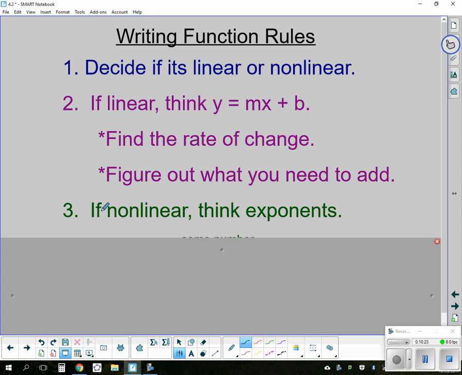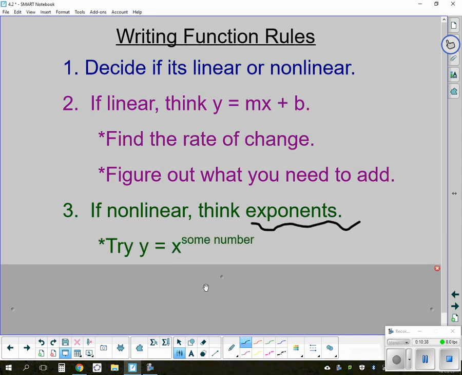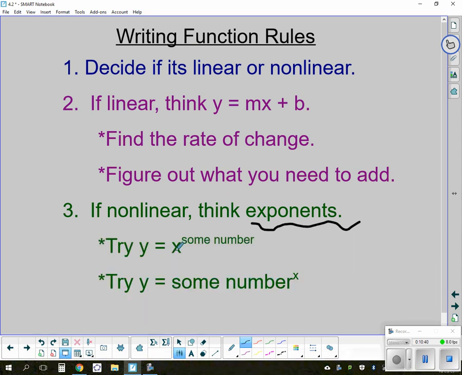If it's nonlinear, this is the new part, you need to be thinking exponents. I'm not going to give you anything super crazy. They're going to give you ones that you'll be able to find and actually write out the function rule. But exponents are what make something nonlinear here. There are two different ways you can try exponents. You can have your exponent be an x with some number on it, or you can have x be the base and put some number in the exponent.